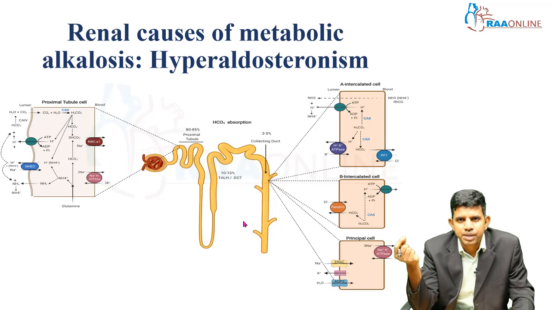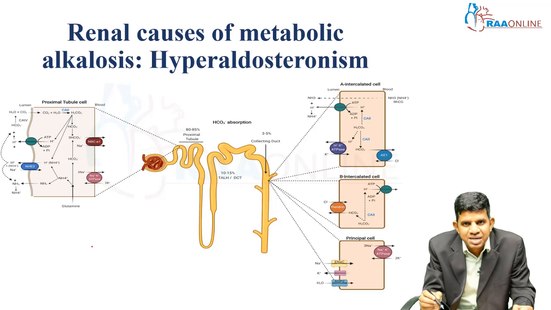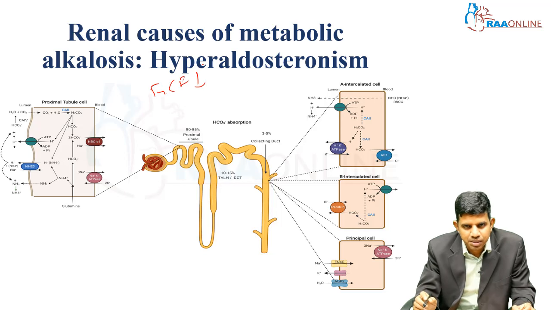Why are they not developing metabolic alkalosis? Normally in secondary hyperaldosteronism, non-GI causes won't cause metabolic alkalosis. Why? Whenever my extracellular fluid volume decreases, what will happen? The kidney tries to absorb more water, more sodium and more chloride.